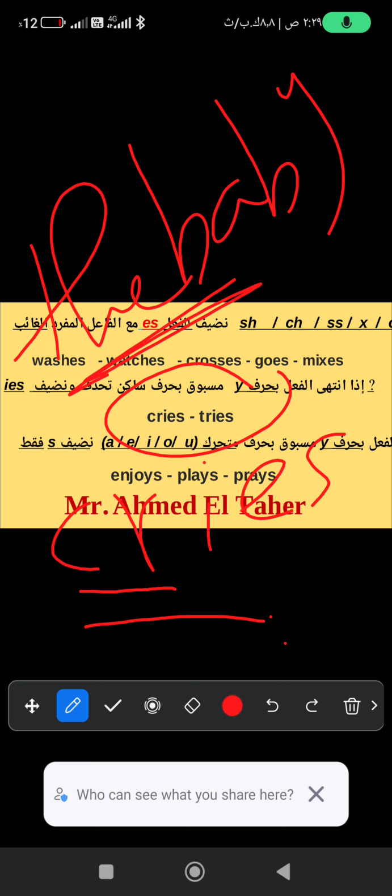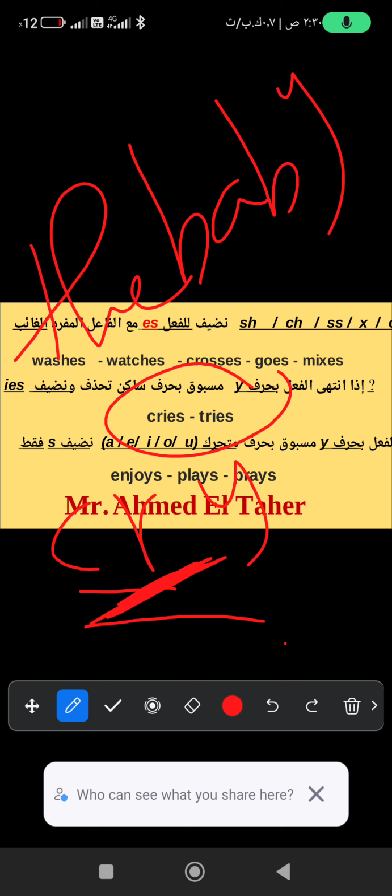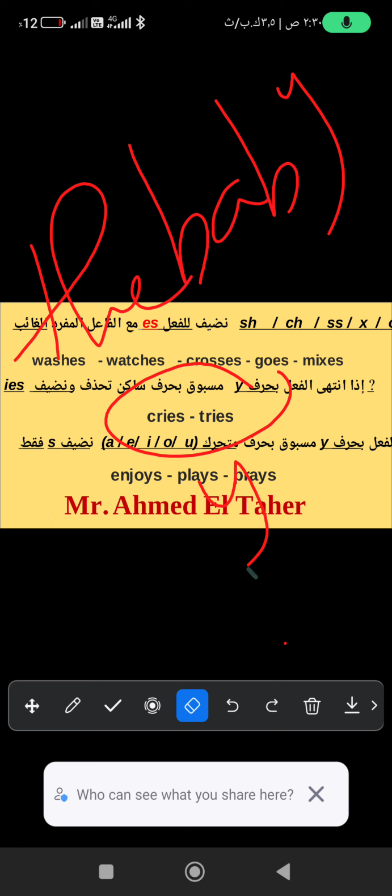So we delete the y and add ies when the verb ends with y, preceded with a consonant sound like the r. Okay, so we have here conditions to add the es and the ies.